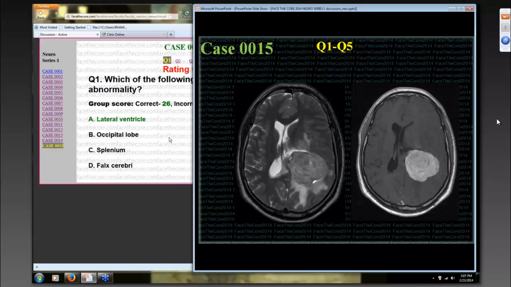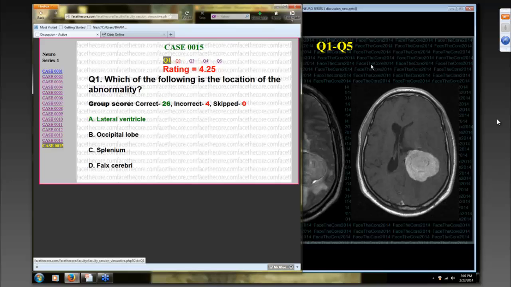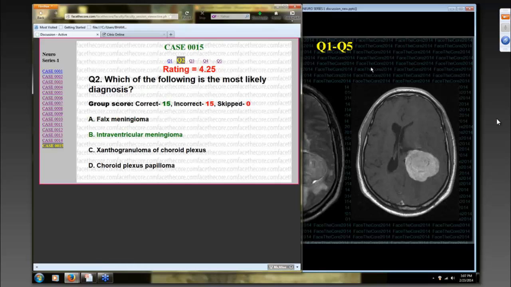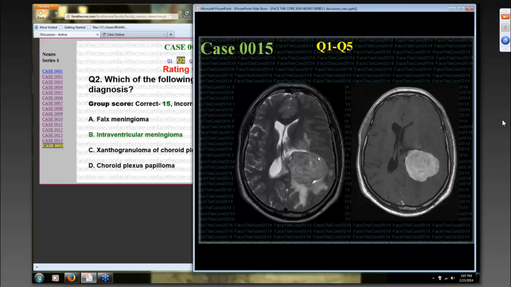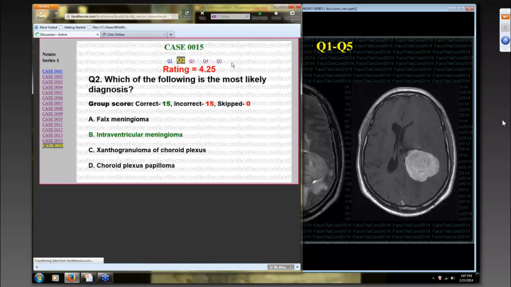This is an intraventricular meningioma. Other differentials would be any intraventricular enhancing mass like a choroid plexus papilloma, ependymoma, or even metastasis, though it's very rare to have intraventricular metastasis. So the most likely, especially given that the T2 signal is very low, this is a case of intraventricular meningioma.